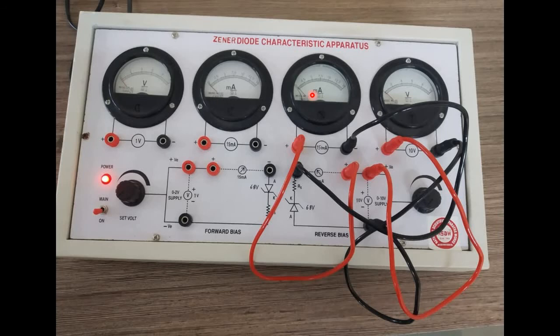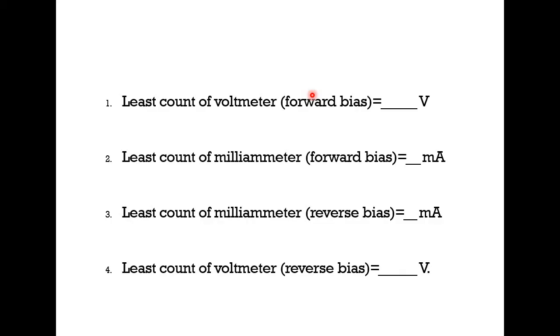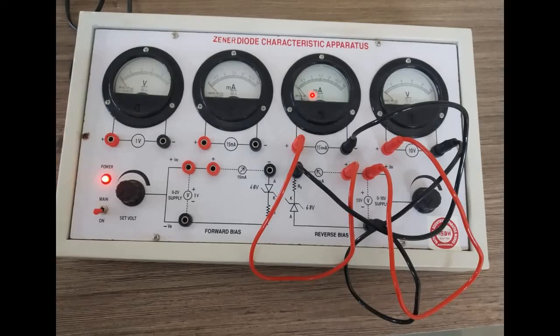So that scale also has a particular least count. Okay. So we have to see what is the least count of the voltmeter and milliammeter used in the forward biasing, and the same for the reverse biasing, the milliammeter and voltmeter used in the reverse biasing. So who will tell me how to calculate the least count?